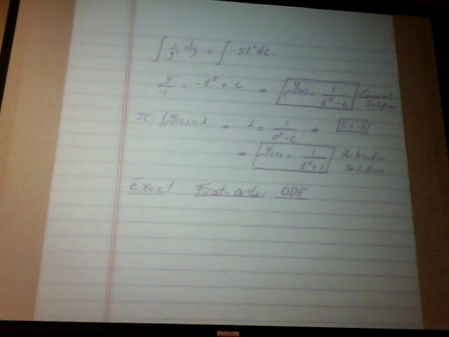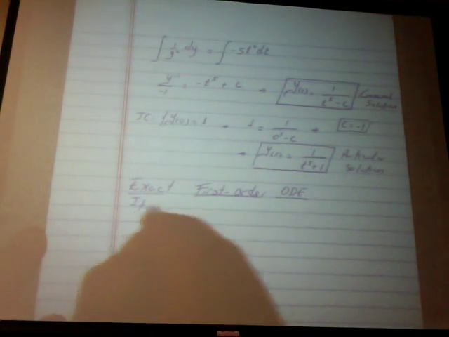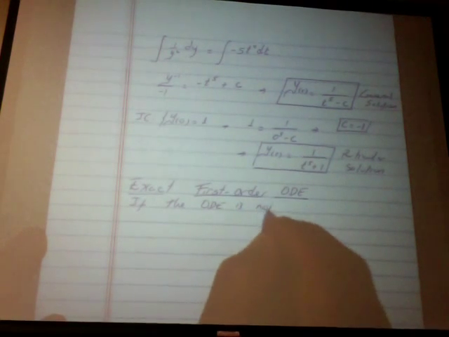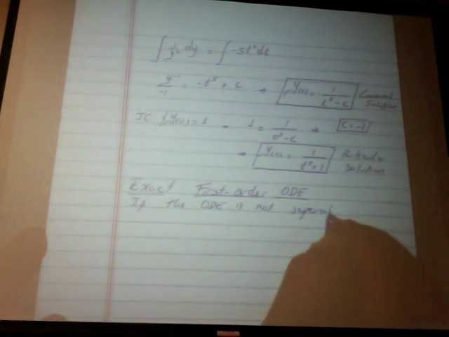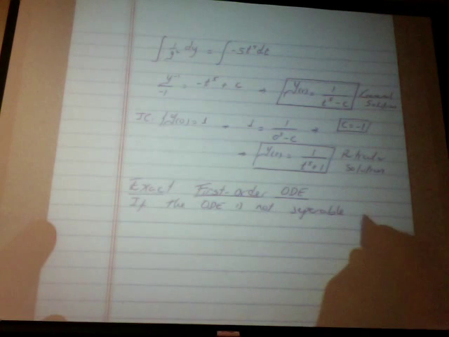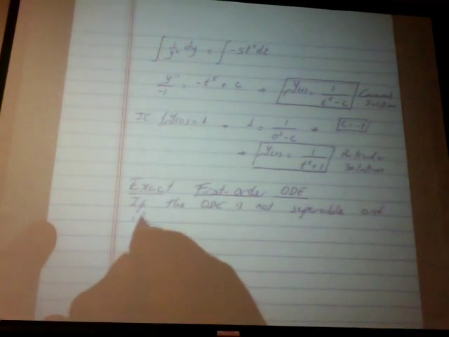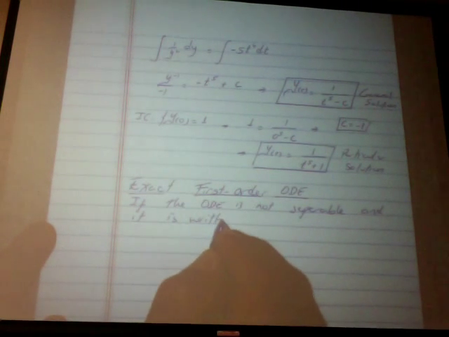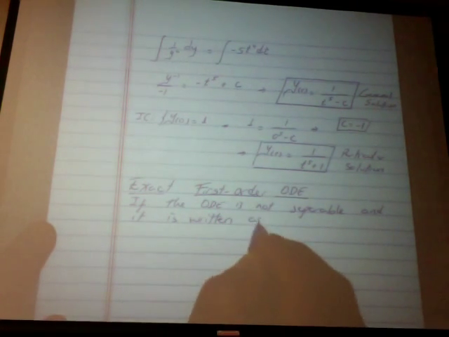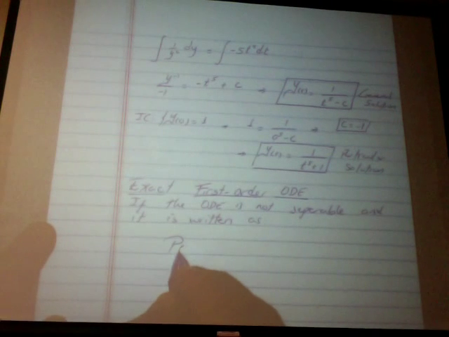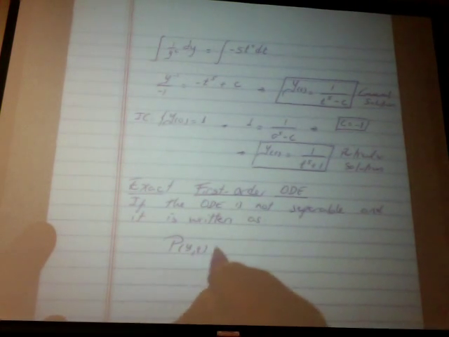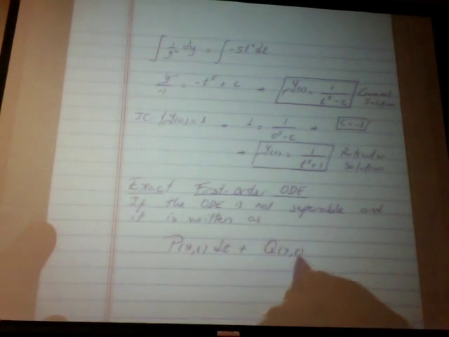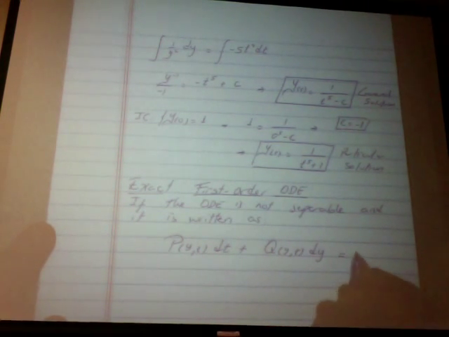If the ODE is not separable, and it is written as, let's say, p(y,t) dt plus q(y,t) dy equals 0.